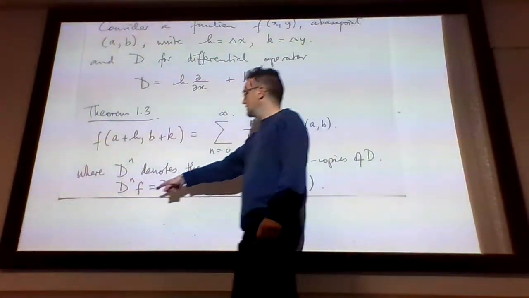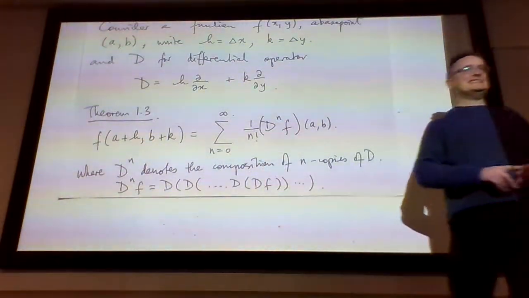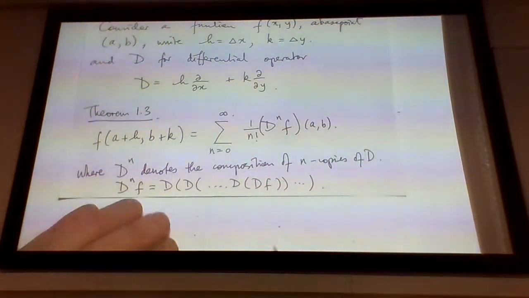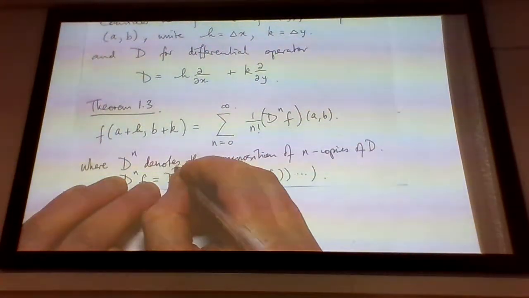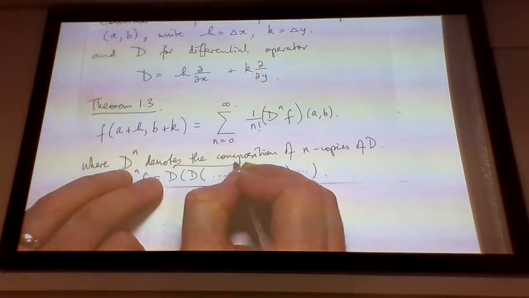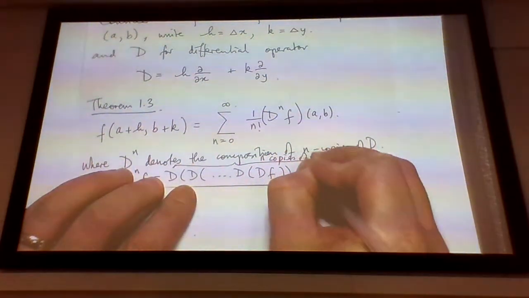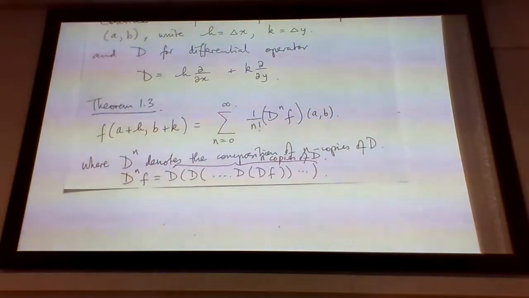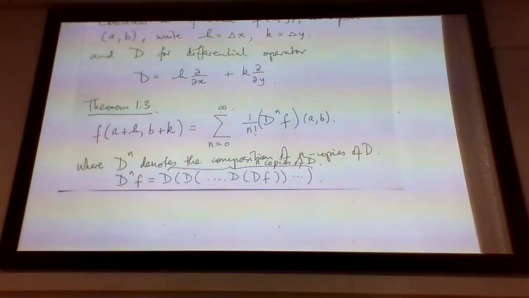So D^n of f just means D after D after D of f, where in total you've got n D's in that expression.